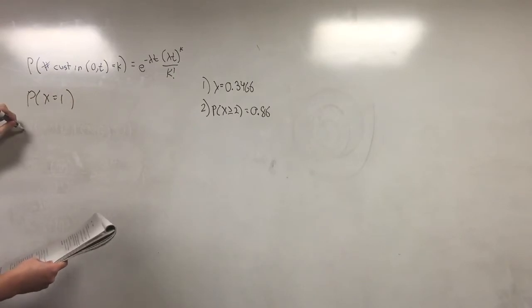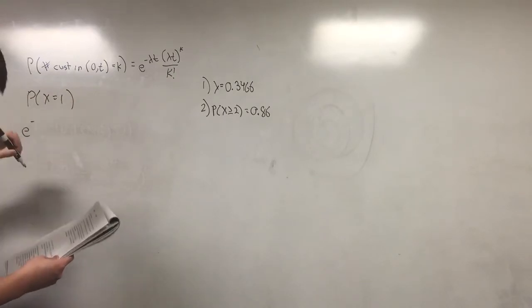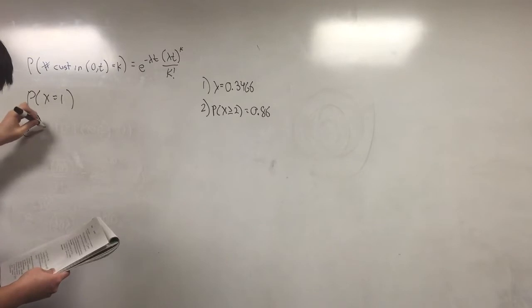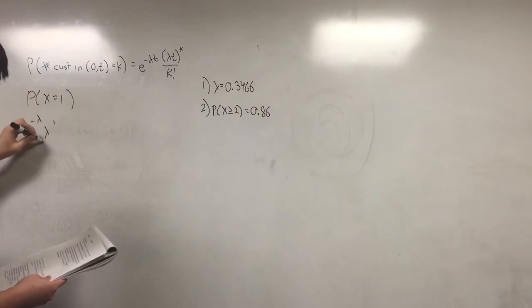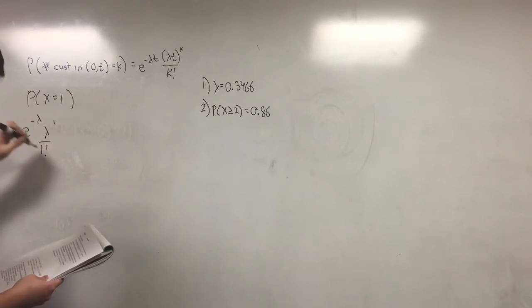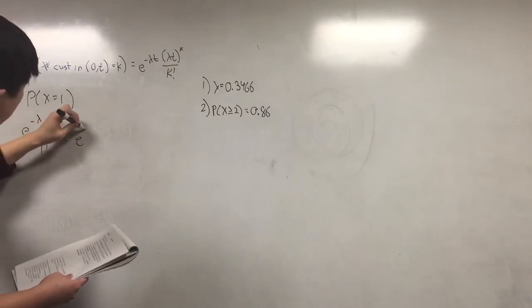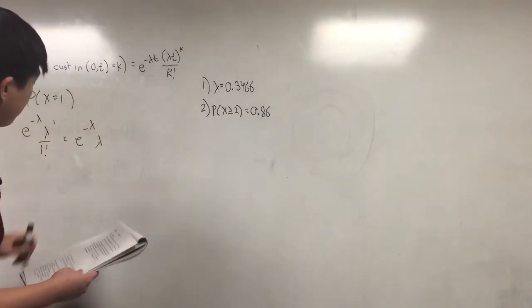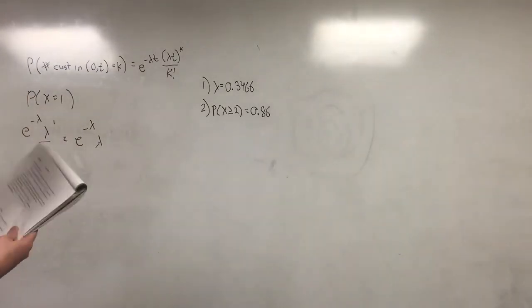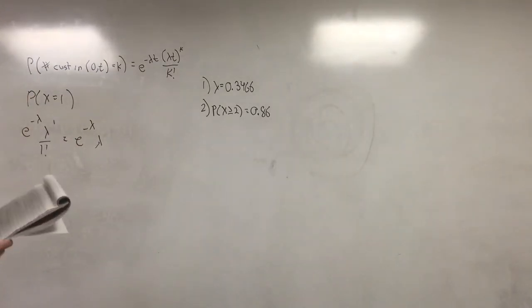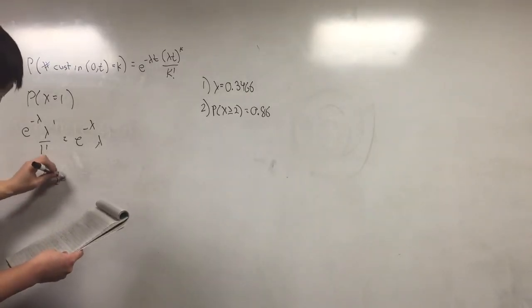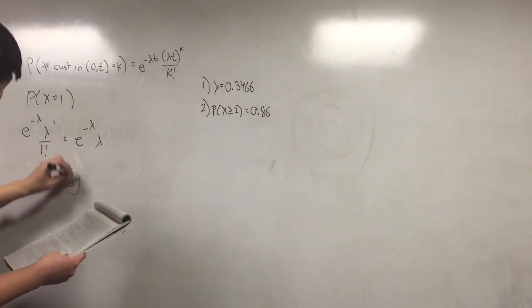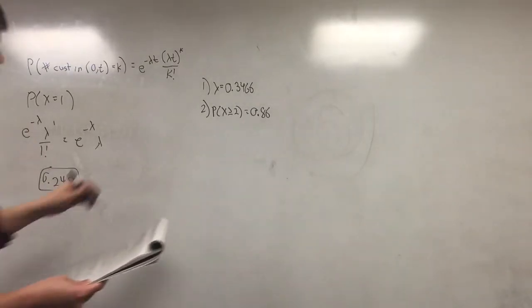And so that's just e to the, since it's 1 minute, e to the negative lambda times lambda to the k, which is equal to 1, divided by 1 factorial, is equal to e to the negative lambda times lambda. And when you plug in lambda, you end up getting 0.245. So that is number 3.